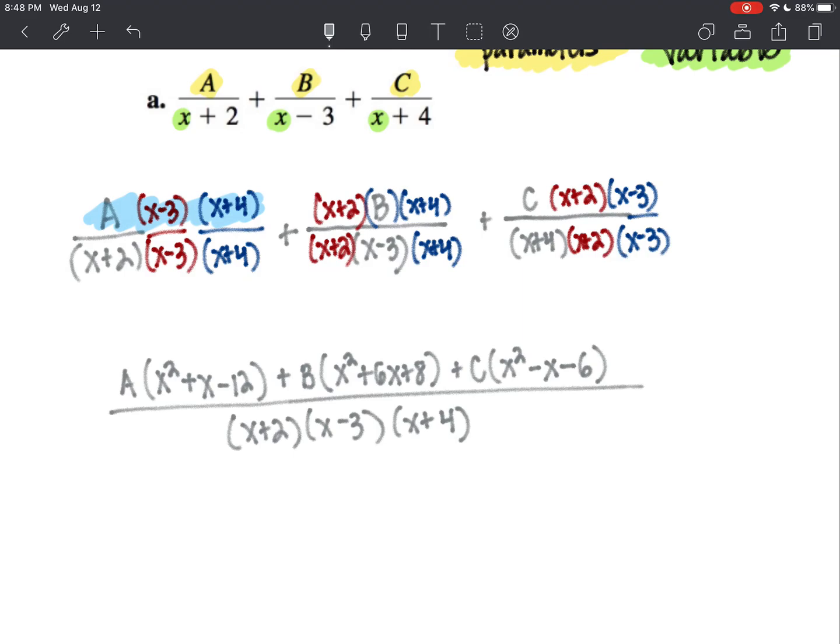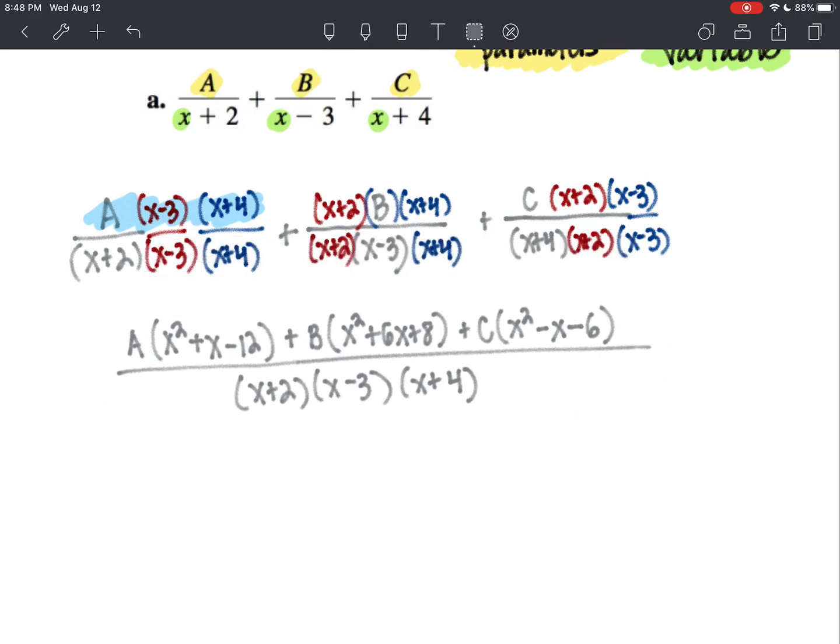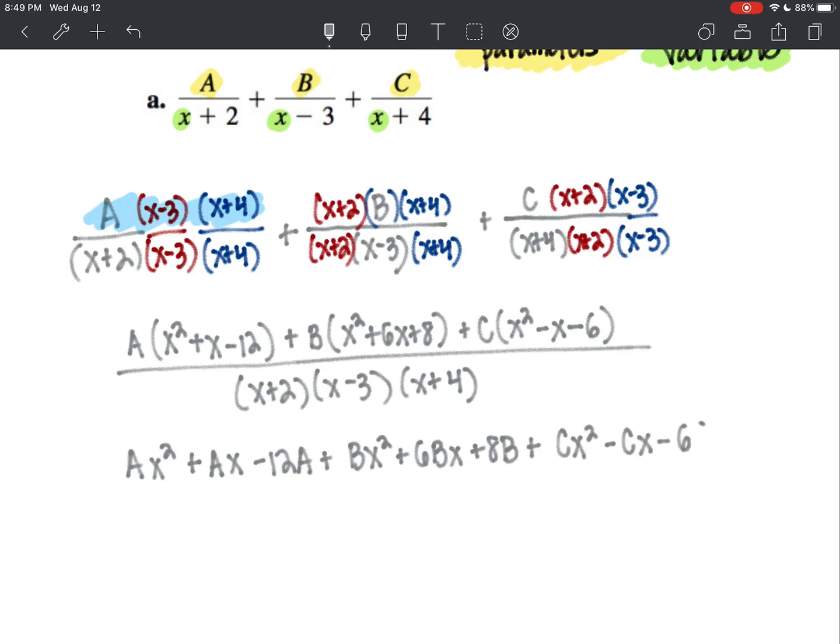It looks like the same answer. We'll find out in the end if I made a mistake. So now I've got ax squared plus ax minus 12a plus bx squared plus 6bx plus 8b plus cx squared minus cx minus 6c. And that is all over a common denominator.